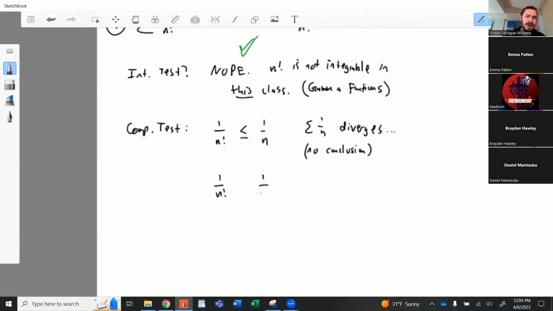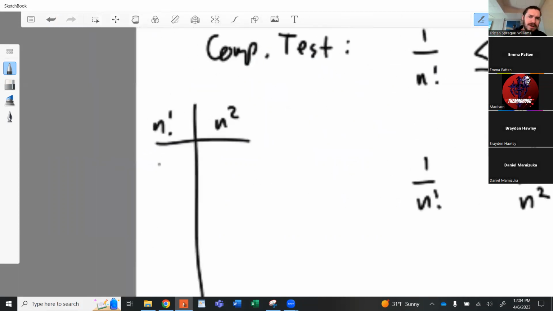What if you compare to 1 over n squared? Well, if you compare n factorial and n squared, which one of those is bigger or smaller? Well, 1 factorial is 1 and 1 squared is 1. 2 factorial is 2 and 2 squared is 4.